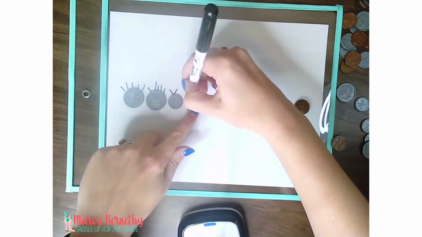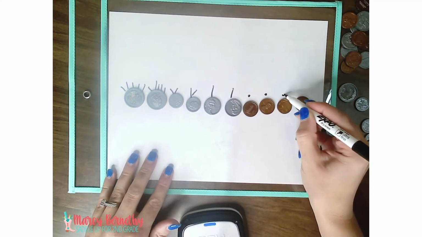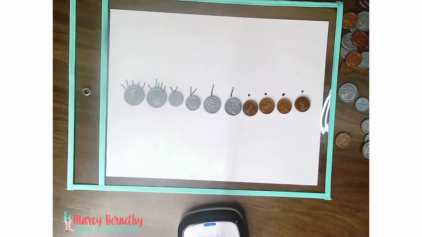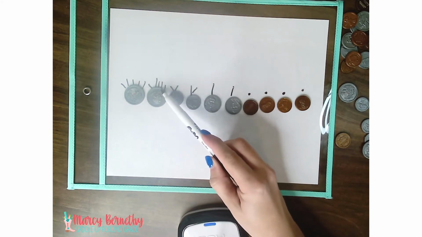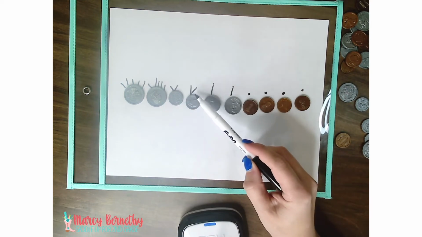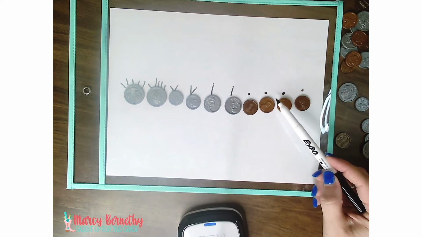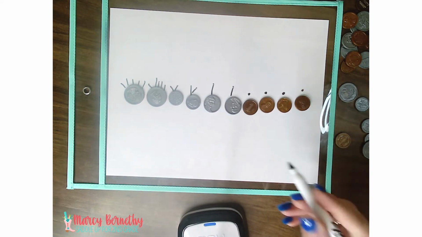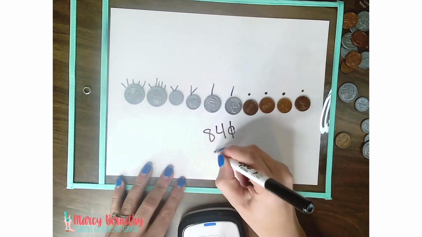Dimes get 2, nickels get 1, and poor pennies, they're bald and they only get dots. Once they have drawn their hairs, they can skip count to find the value. 5, 10, 15, 20, 25, 30, 35, 40, 45, 50, 55, 60, 65, 70, 75, 80, 81, 82, 83, 84. So the value of this set of coins is 84 cents.